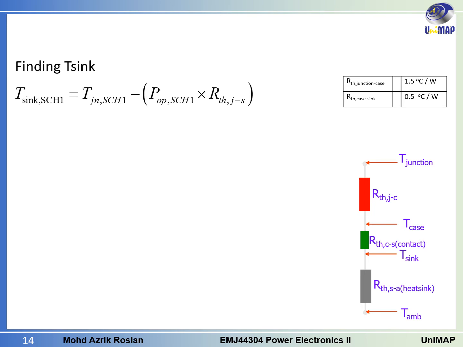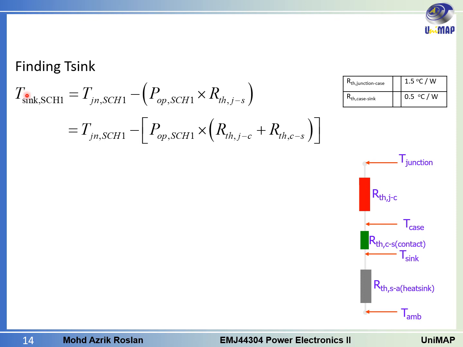We know that the heatsink temperature will be the T junction Schottky 1, the junction temperature that we already marked before this, minus the dissipated power multiplied by the thermal resistance. But you have to be really careful. This is the thermal resistance from junction to sink, because we want to find the heatsink temperature.